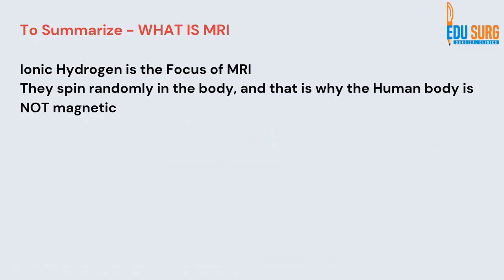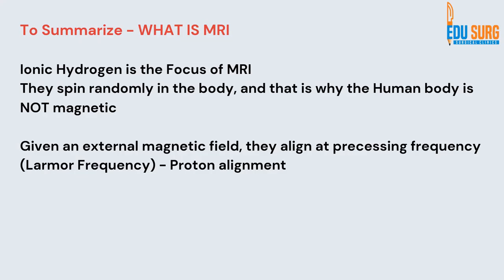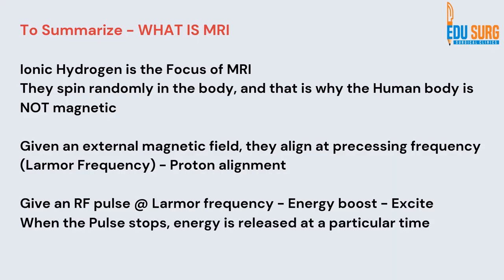Okay, so to summarize, ionic hydrogen is the focus of MRI. In the body without a magnetic field, they spin randomly, and that is why the human body is not a magnet. Given an external magnetic field, they align at precessing frequency, that is known as proton alignment. When you give an RF pulse at Larmor frequency to protons which are already precessing, they experience an energy boost.